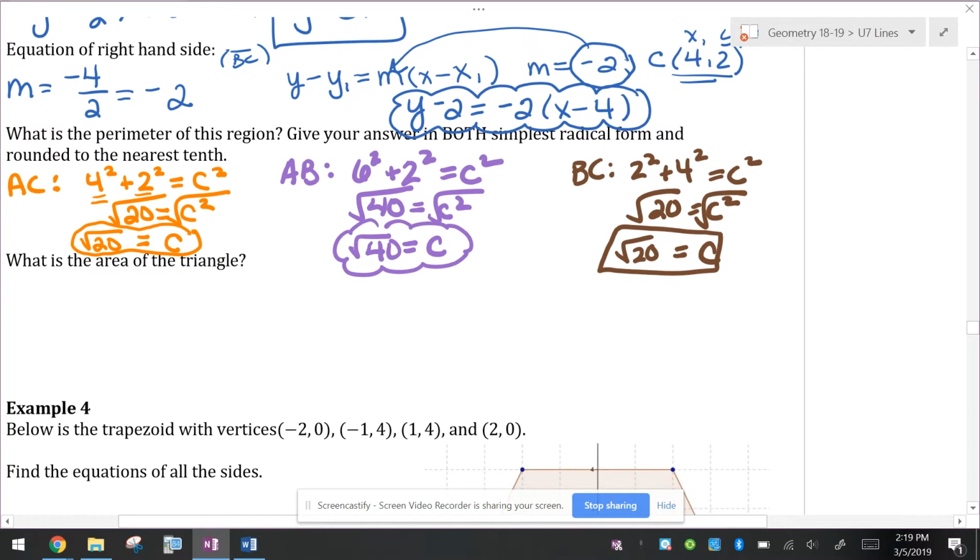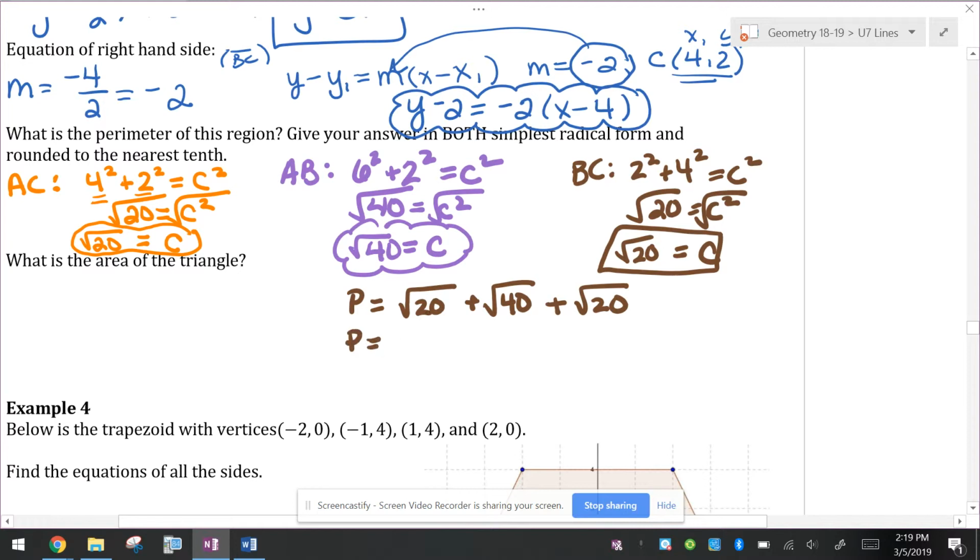So if I want to give my answer in simplest radical form, the perimeter is the sum of root 20, root 40, and root 20 again. If I simplify these, I know I'm going quickly, we'll go over it again.